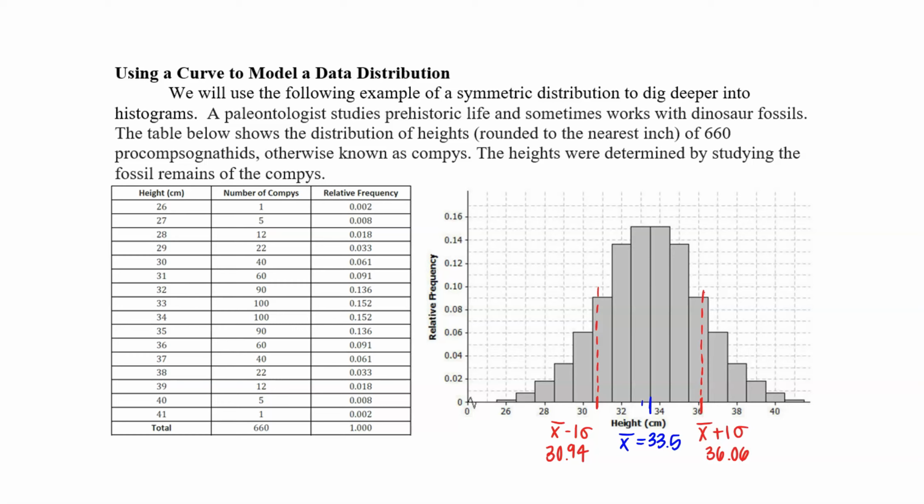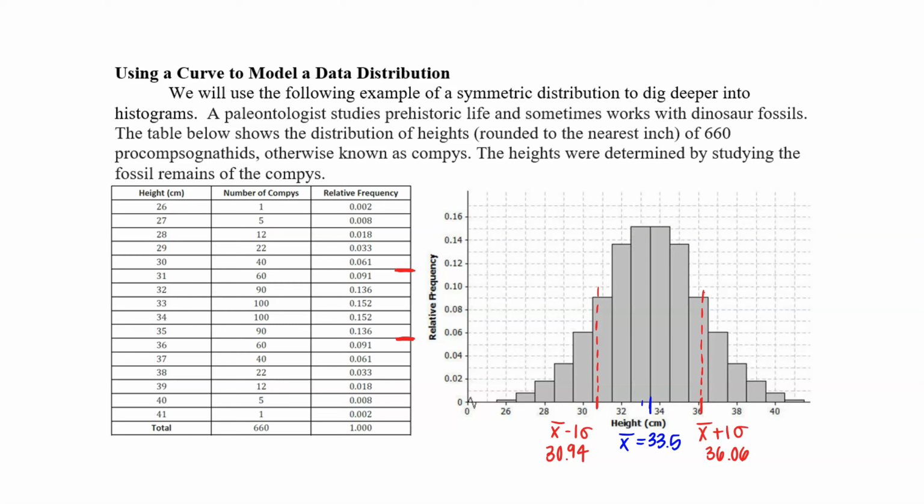Because all of our heights are given to us in integers, I'm going to do my best to approximate it as best as I can. So 30.94 would probably include all of 31. So 31 has a relative frequency of 0.091, all the way up until 36.06, which includes everything up through 35 as a height.